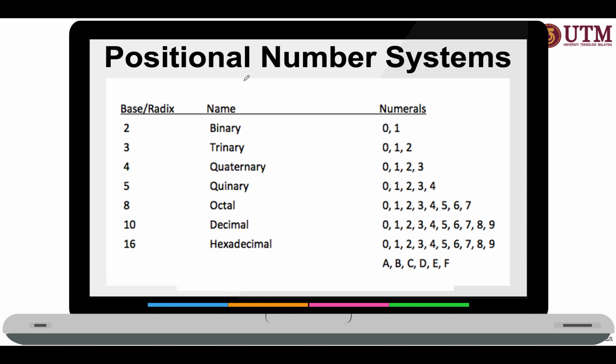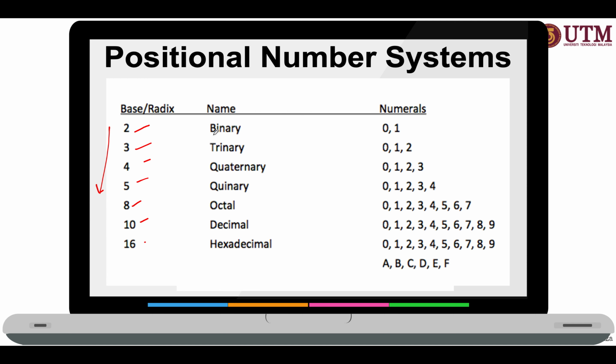We have the positional number system. Later on you will see the numbering systems that we normally use, but the possibilities are, let's say, base 2, 3, 4, 5, 8, 10, 16, and basically we can have any number as the base.